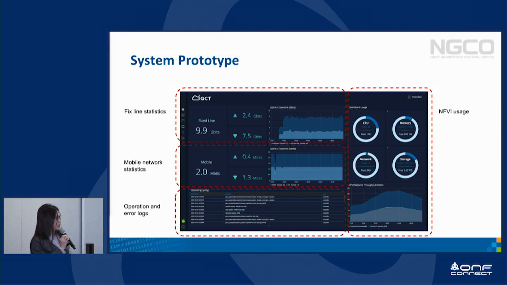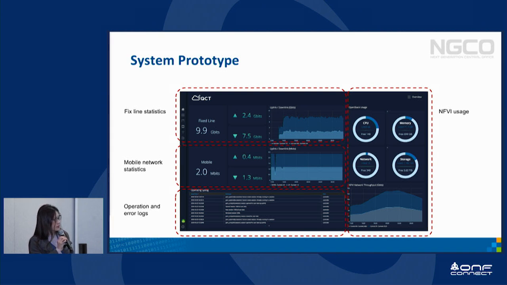So we can see the total network load and upload and downlink speed, and a graph to display the traffic loading. And at the bottom, this area, we show the operation log. If the system has any errors, that will be displayed here.